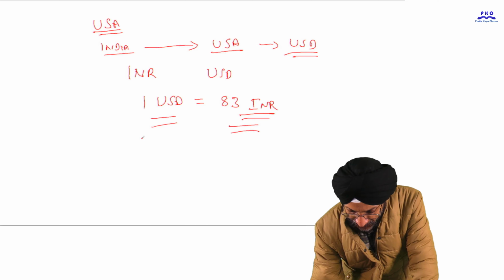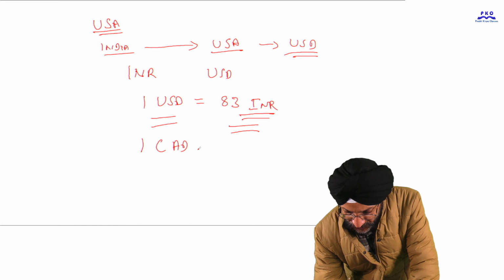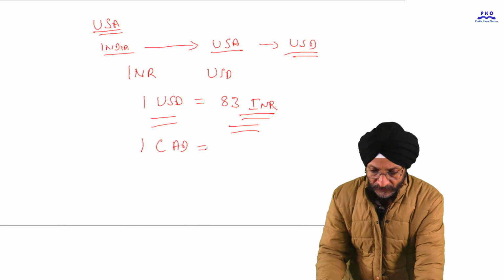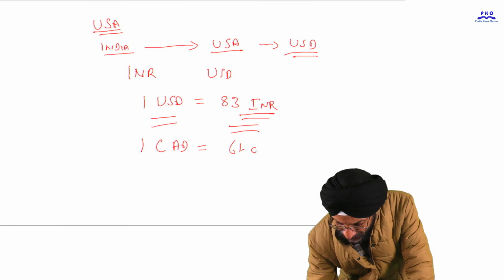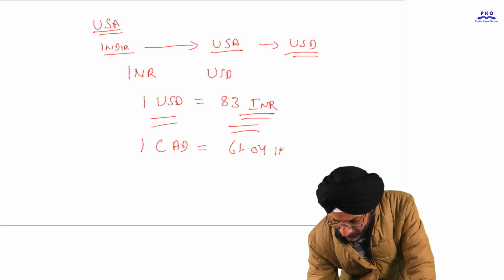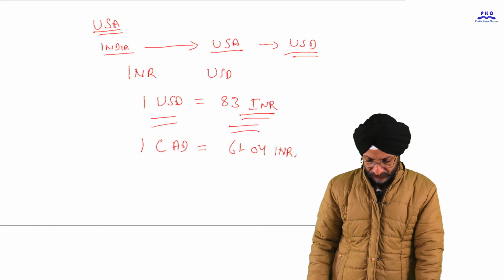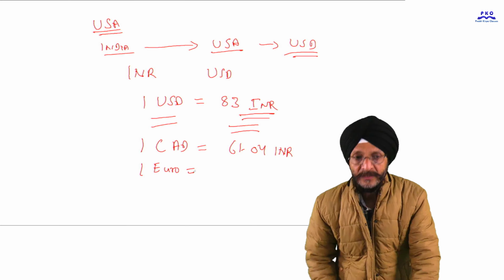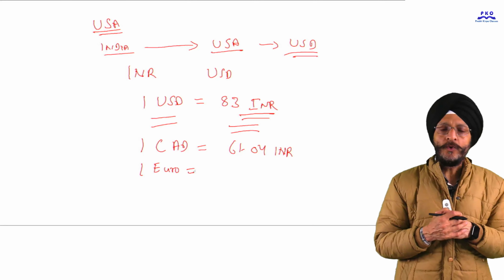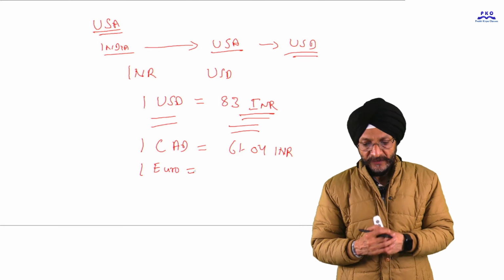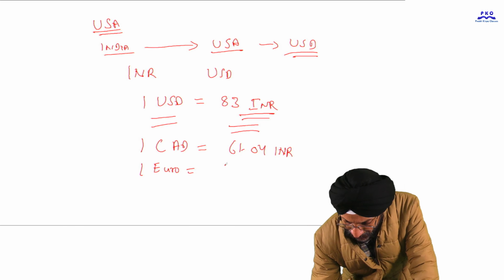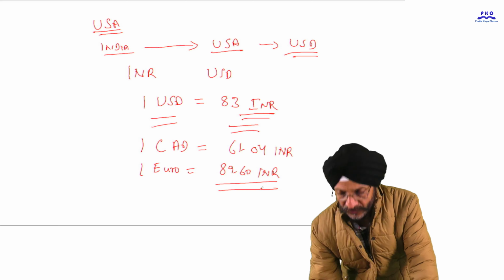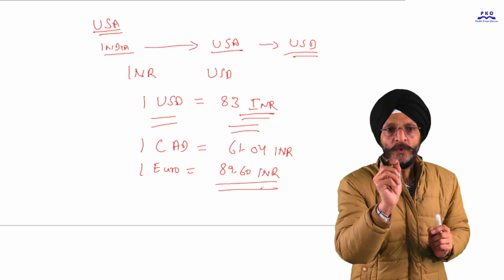In the same way, if we are to visit Canada, we will have to purchase Canadian dollars. What is the value of a Canadian dollar? It is 61.04 Indian rupees. If we are to visit some European countries where the euro is the legal tender, then we will have to pay 89.60 Indian rupees to purchase 1 euro.